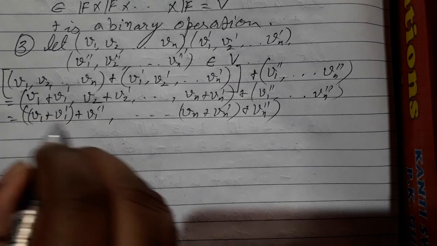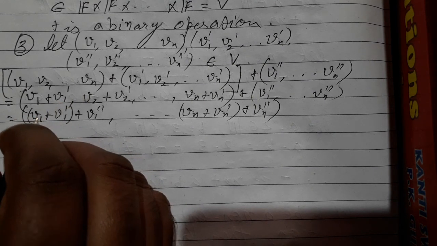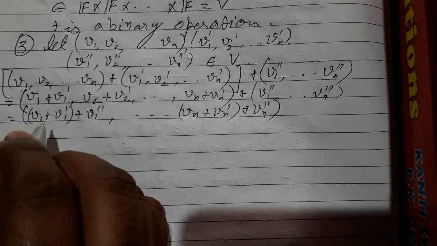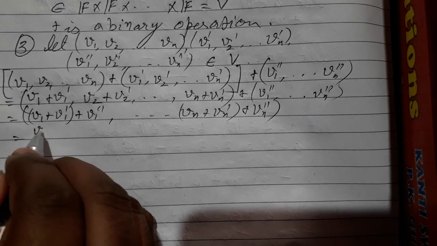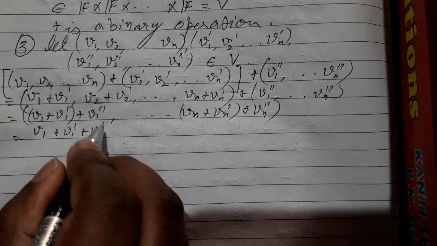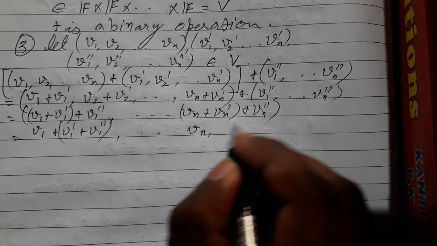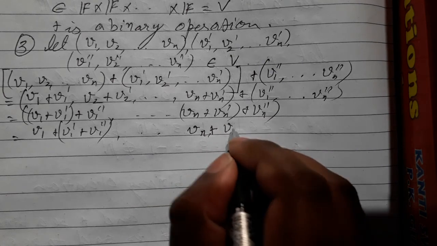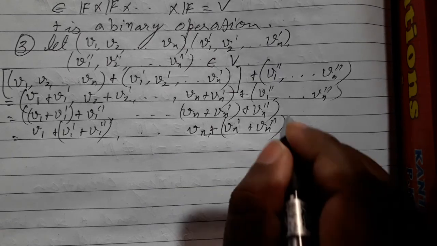These are all elements of the field, and addition of elements in the field is always associative. So since addition of numbers in the field is associative, we can interchange the brackets here. So we get v1 plus (v1 dash plus v1 double dash), and so on till vn plus (vn dash plus vn double dash).